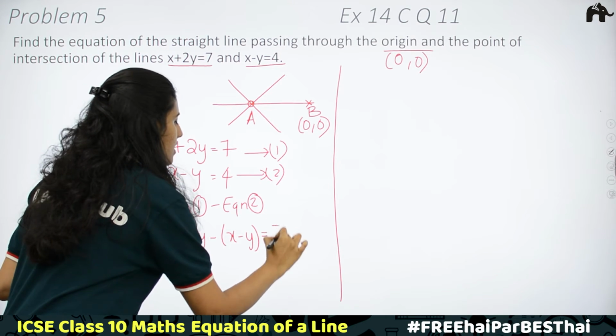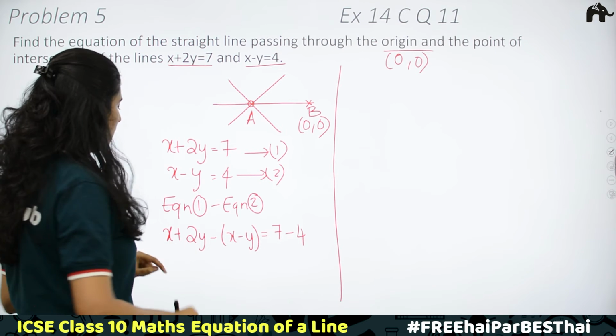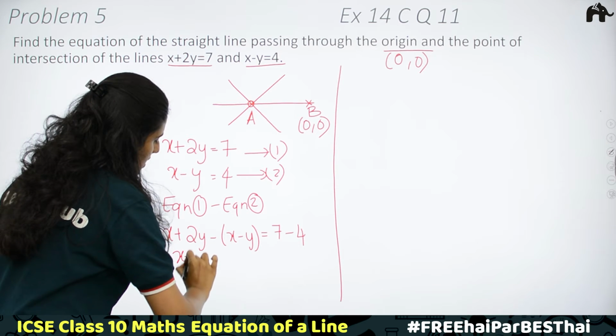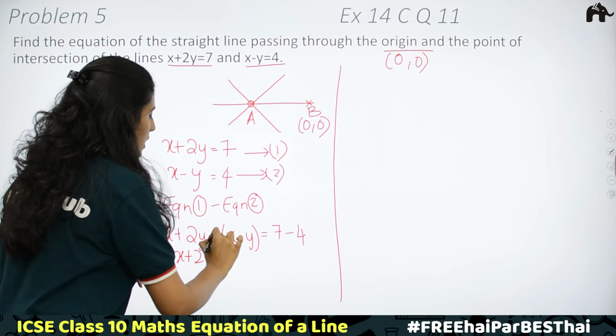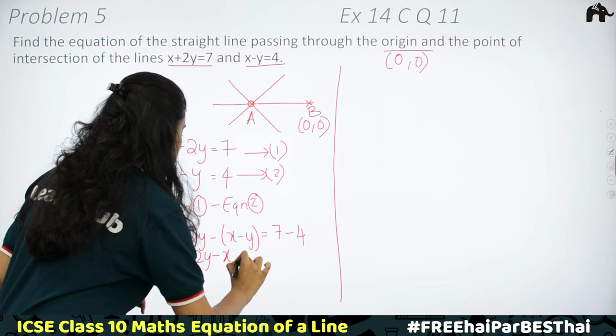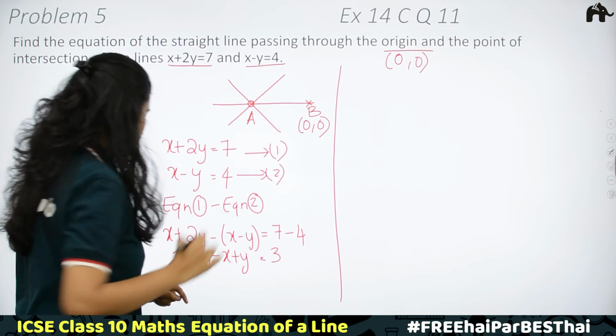Here we have 7 and here we have 4, so 7 minus 4. So here we have x plus 2y, removing the brackets and distributing the negative sign, it becomes minus x, minus of minus y is plus y, is equal to 7 minus 4, we get 3.